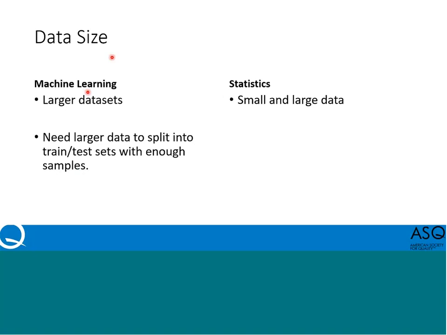With data sizes, I mentioned how machine learning generally uses larger data sets, and that's not to say that statistics does not work with large data. Statistics does work with large data, absolutely. Statistics is also very helpful with small data, but machine learning is not. Machine learning, in order to make accurate predictions, you need enough data to split your data set into these train and test splits.